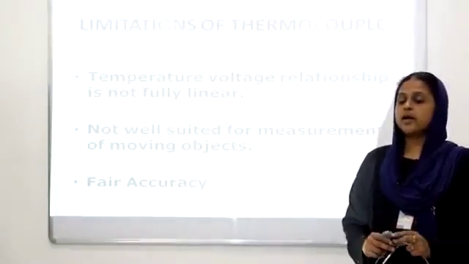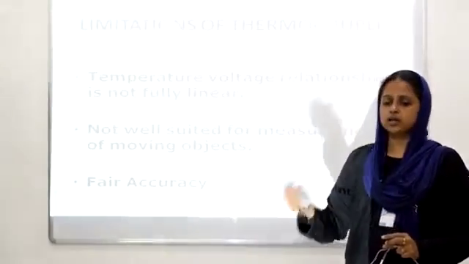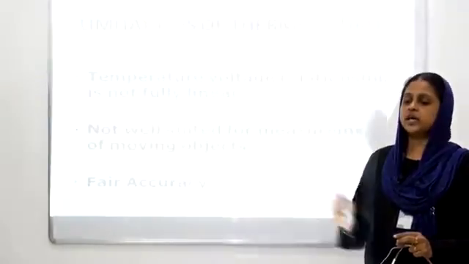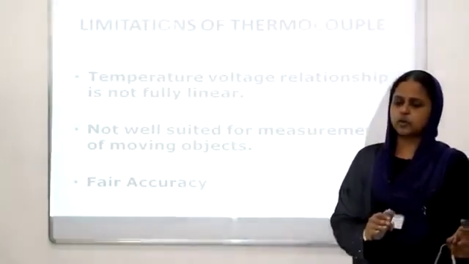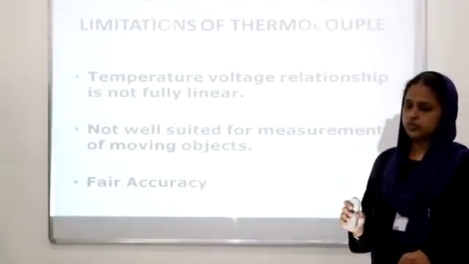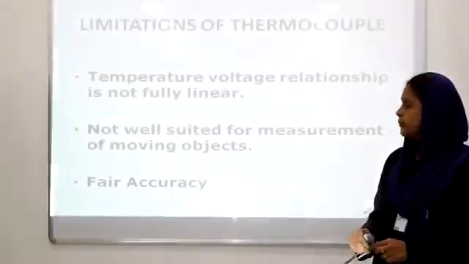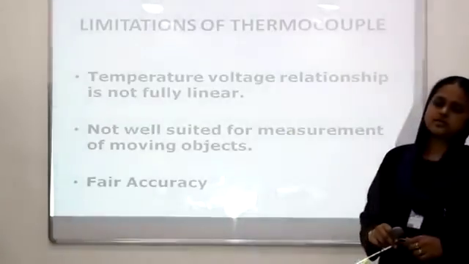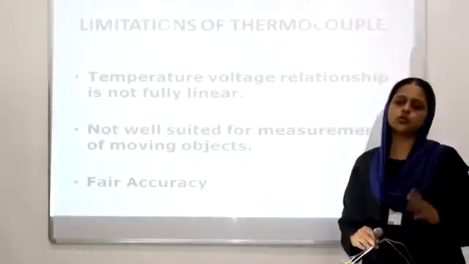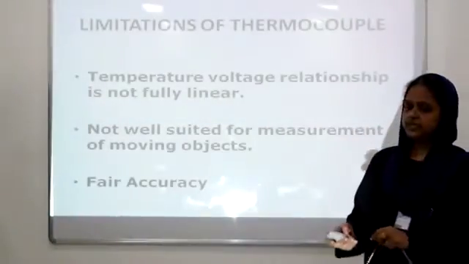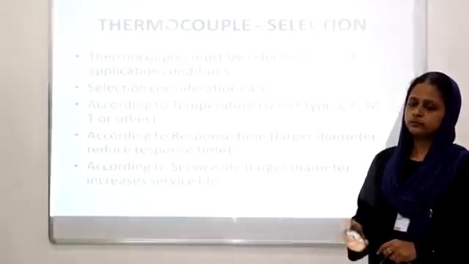Wherever we want a non-contact type, that means a very high temperature like molten metal or steel manufacturing, I cannot select the thermocouple. It is not suited for that; in that case I have to go with a non-contact type of sensor. As for accuracy, it is fair, not so bad, and by making some design calculations we can improve the accuracy. That is one of the limitations of thermocouple.